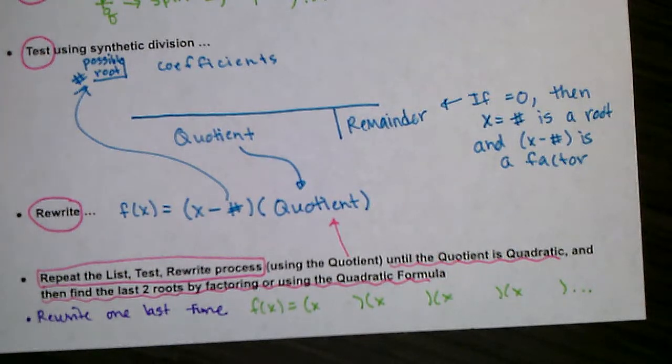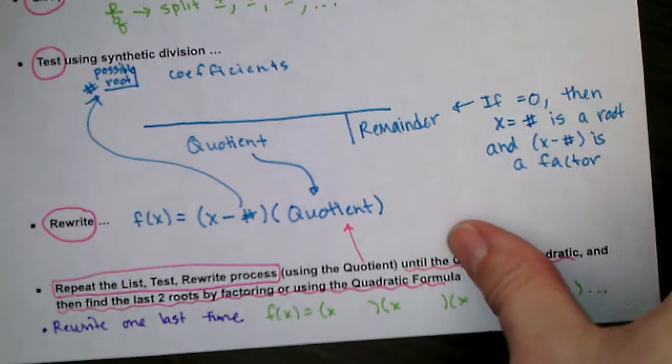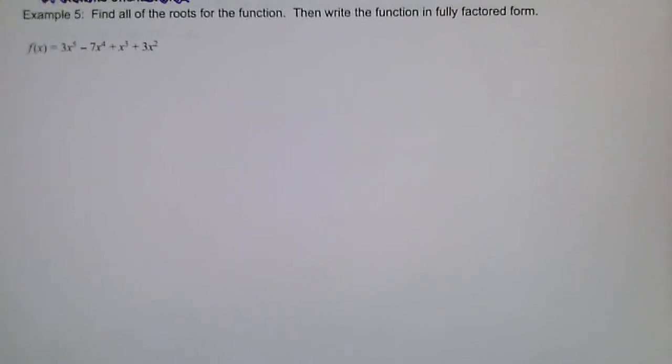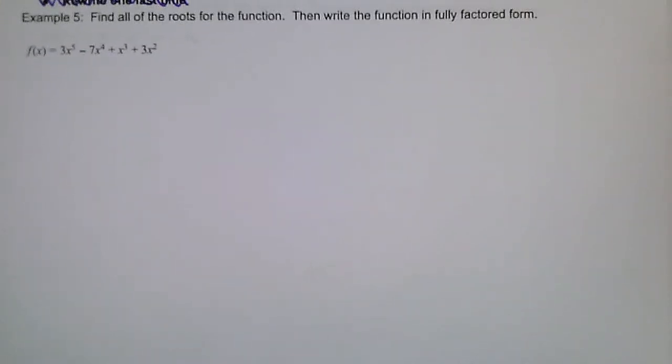So let's do some examples with all those steps. Example 5: find all roots for the function, then write the function in fully factored form. So we're going to start by deciding how many roots there will be.